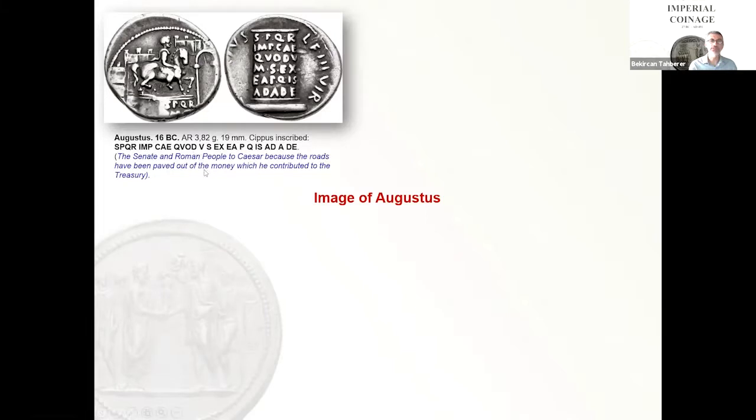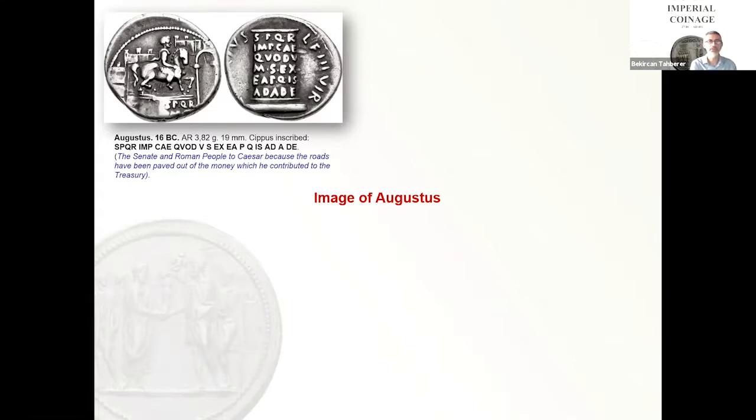On the obverse is his statue right in front of the city on a pedestal, and it simply says the people and the Senate of the Romans and his title, Caesar Augustus.